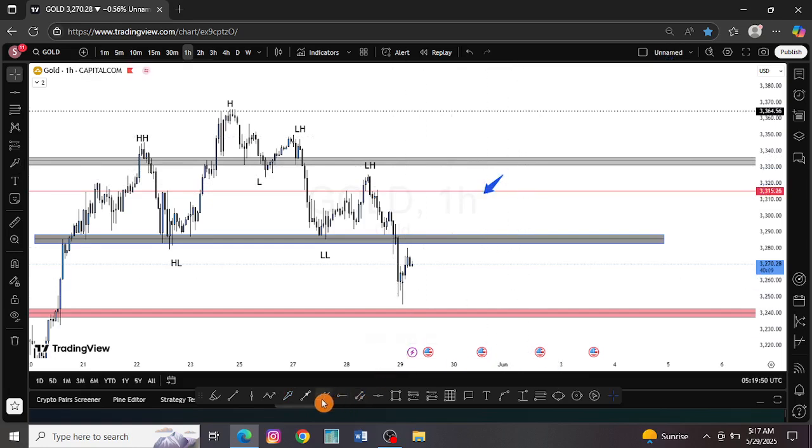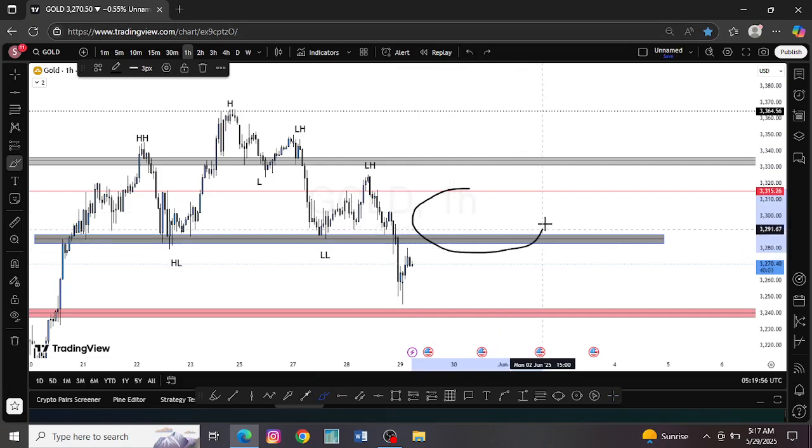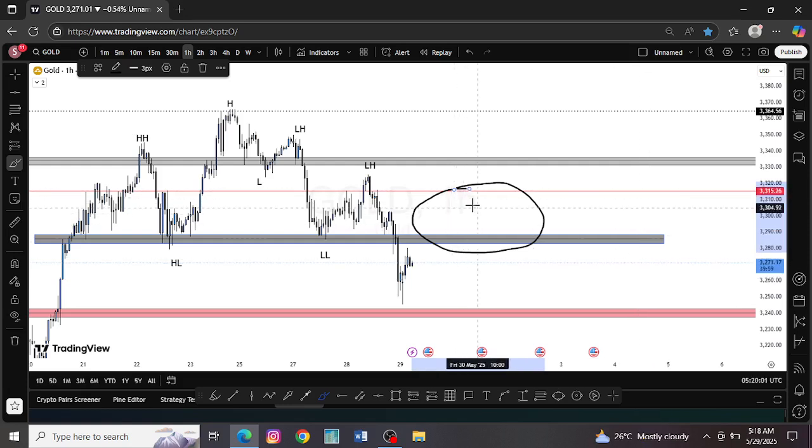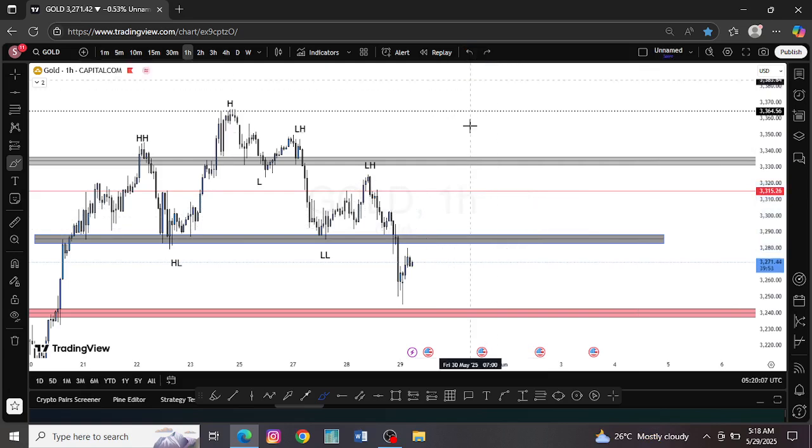So this whole zone is what I'm looking out for sell. Any sell confirmation I get within this area, I will just hop on it and ensure that I hold my trade long enough to get enough profit from it.